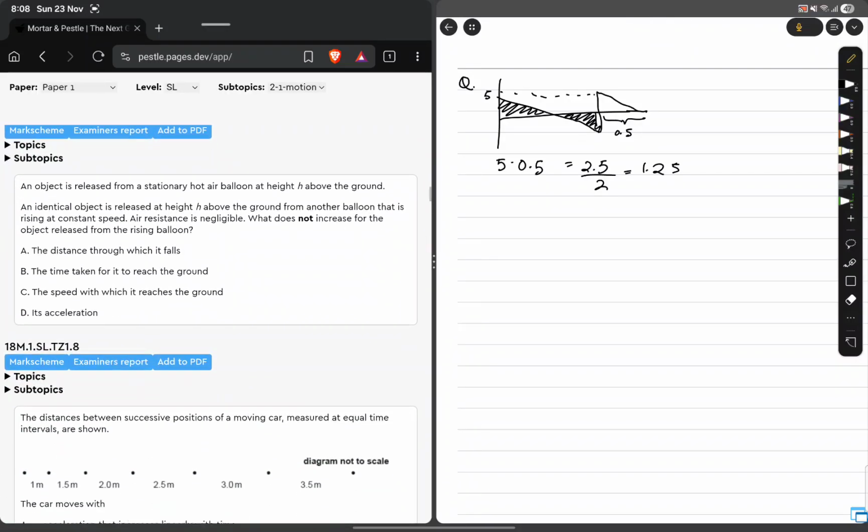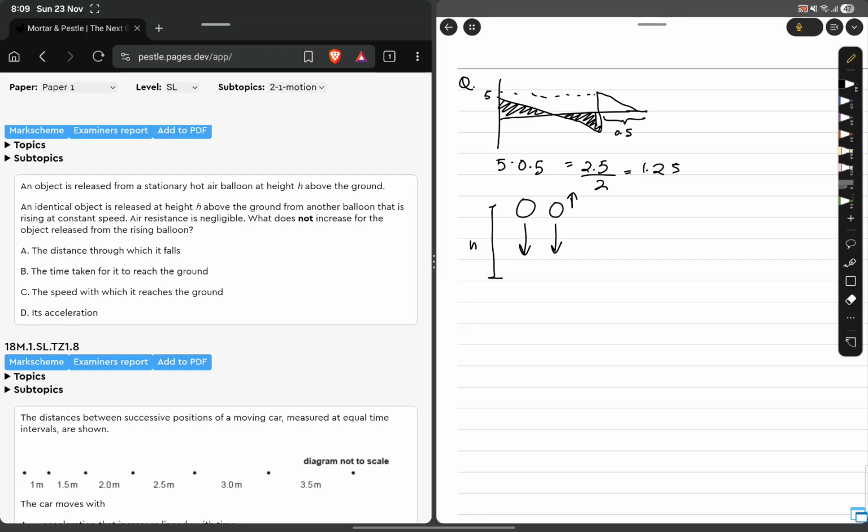Alrighty, an object is released from a stationary hot air balloon at height h above the ground. So it's going to go down. An identical object is released at height h above the ground from another hot air balloon that is rising at constant speed. Air resistance is negligible, but is not increased for the object released from the rising balloon. Alright, so it's going to be its acceleration.